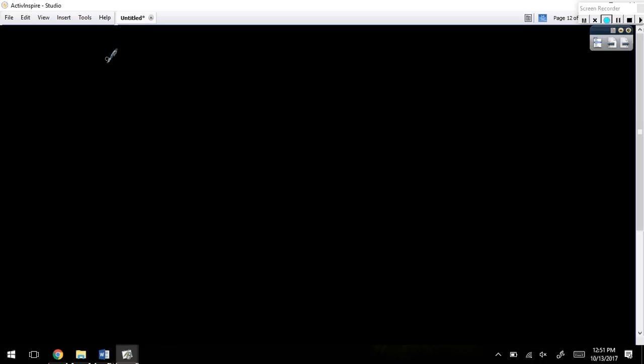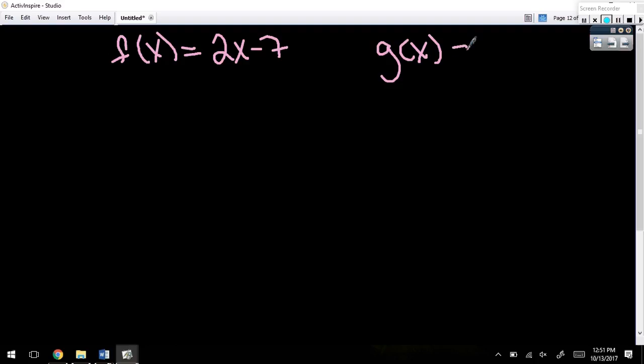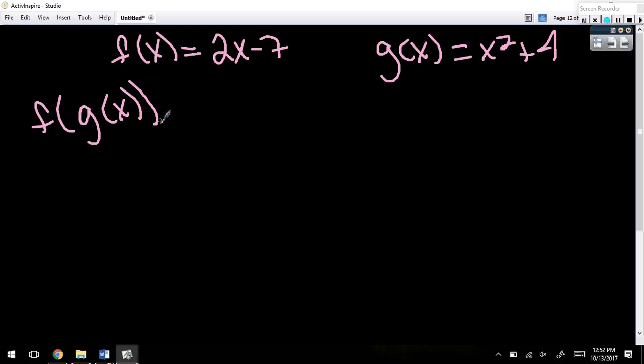Let's do a new f and g. Let's say f of x is 2x minus 7, and g of x is x squared plus 4. Let's do f of g of x first. So plug in the g's for the x's there.